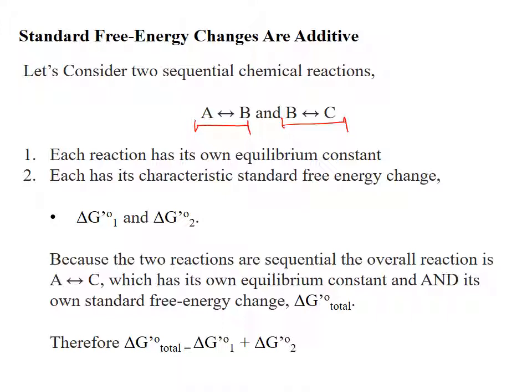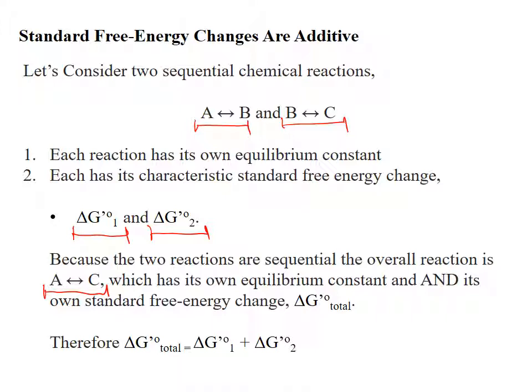Each of them has its own equilibrium constant, which please note is a function of the product and the reactants. And if they both have different equilibrium constants, that means they both have different standard free energy changes. Because these are sequential, we can assume that the overall reaction is actually A to C.